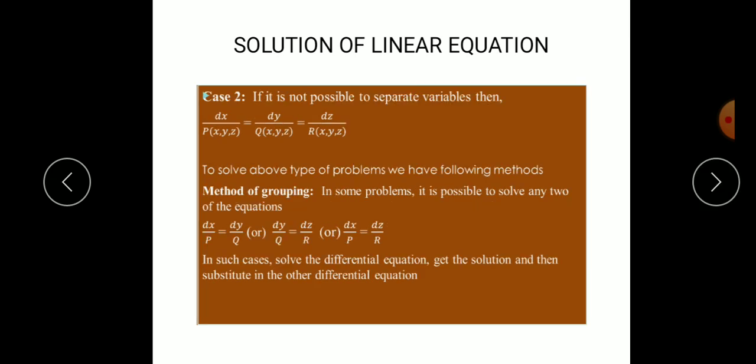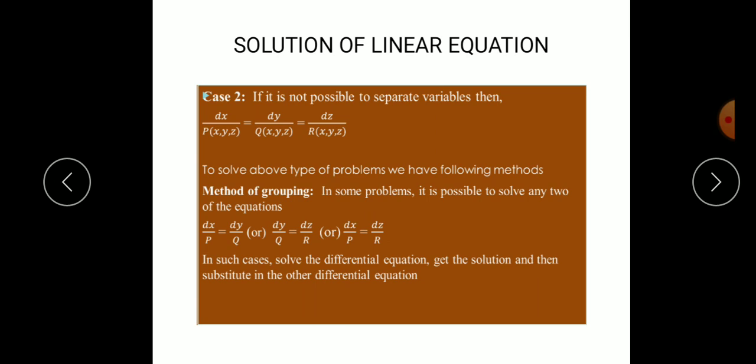Now second case, if it is not possible to separate variables, then in this case we get the auxiliary equation as usual, dx upon P, dy upon Q and dz upon R. Then here, to solve the equation, we can solve any two of the equations.